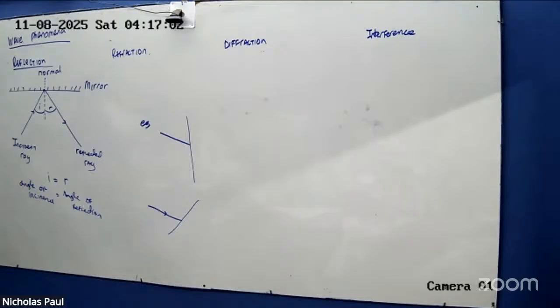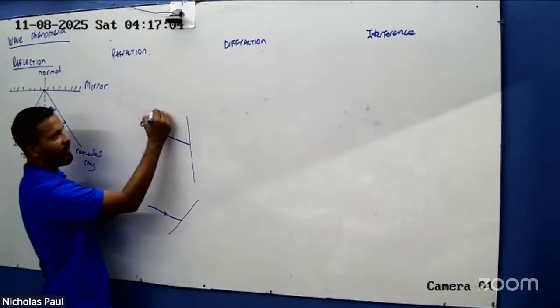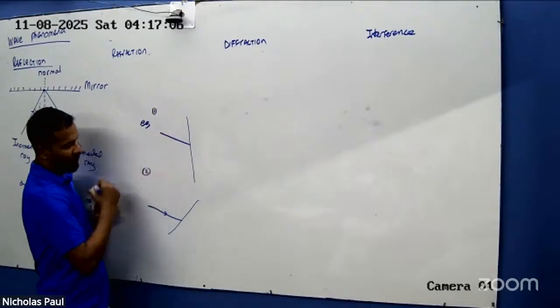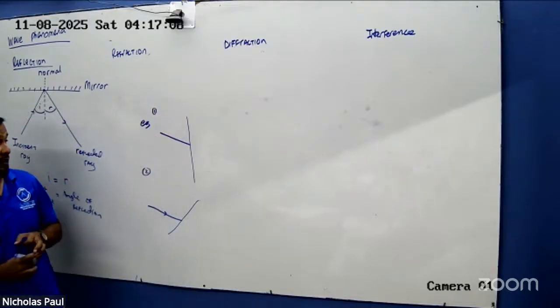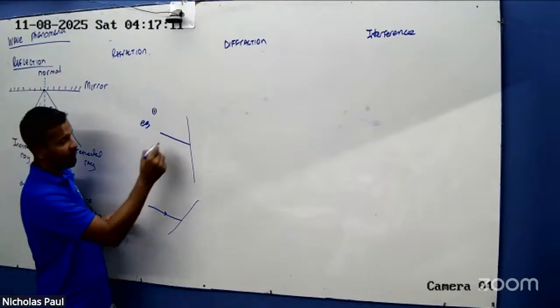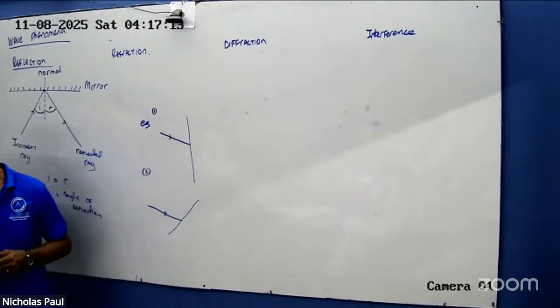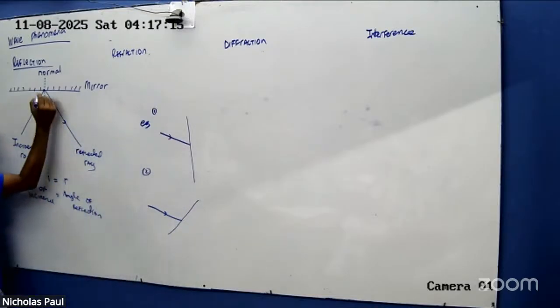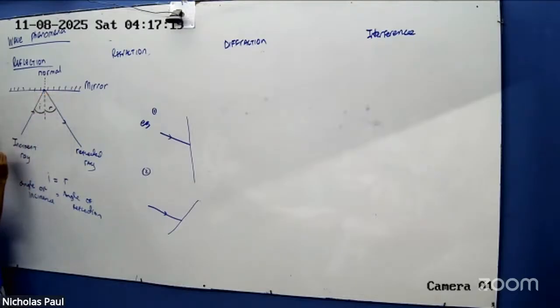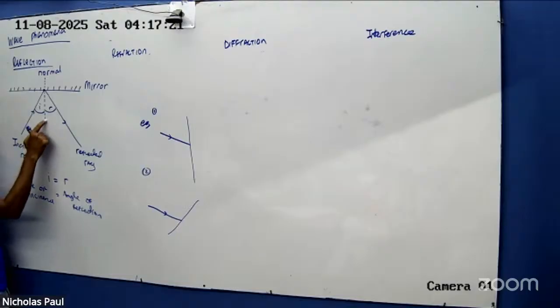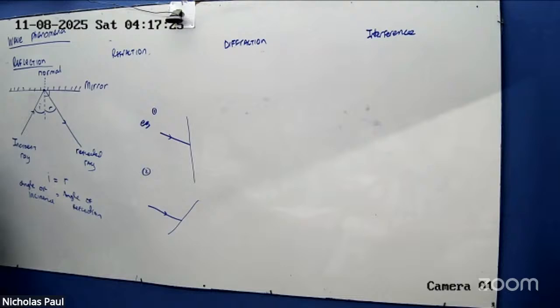All right. So here we have two small examples. I want us to try and draw the normal for each one. Point of incidence is right here. When the incident ray touches the material, that's the point of incidence. And it's an imaginary line, 90 degrees. I want somebody to come on the board and draw the normal.